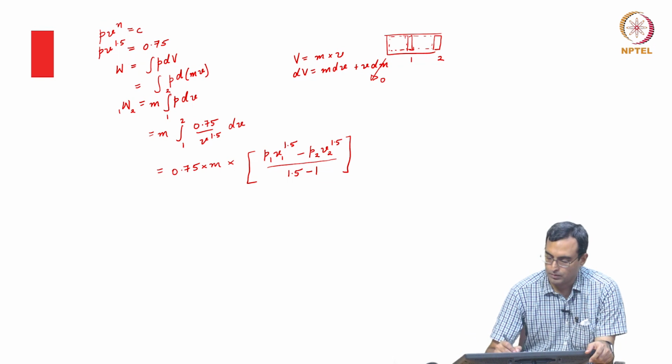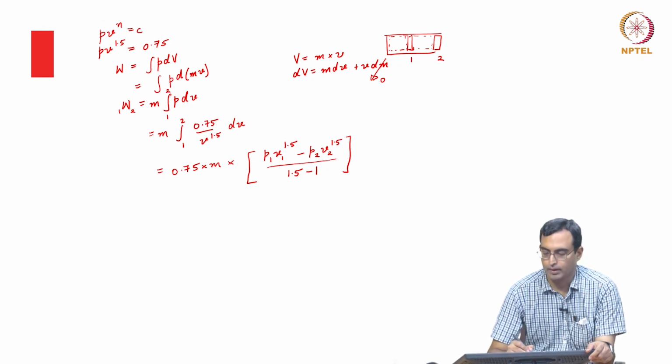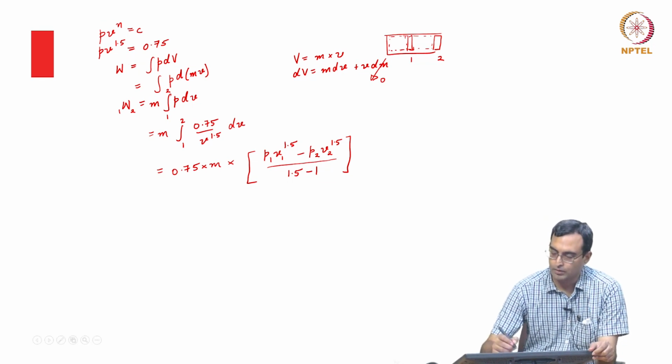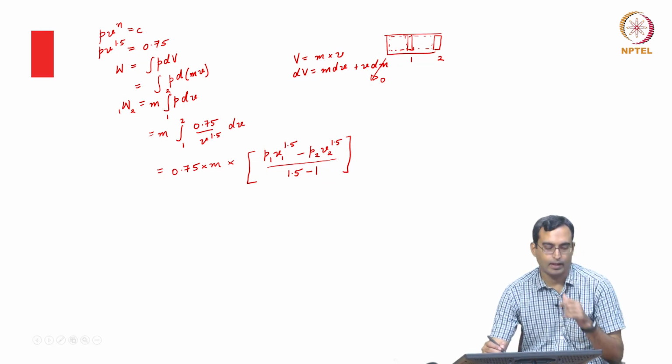Over here this part is known, this part is known. The question says that the mass is 1 kilogram, so this is also known. So we need to know these values. We know the value of V1, we know the value of V2. What we do not know is P1 and P2.